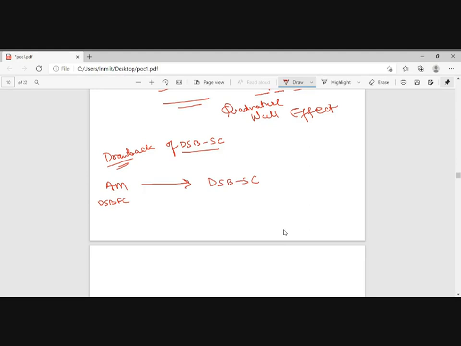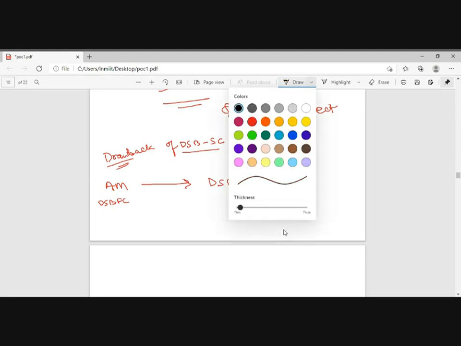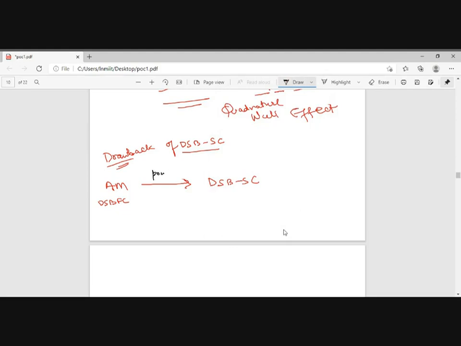Agree? Power efficiency increase हुई है. यहाँ पे 33% थी, यहाँ पर हमने बोला हमने 100% अचीव कर ली.